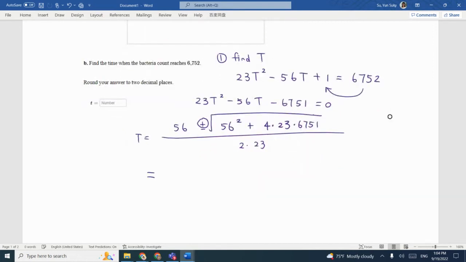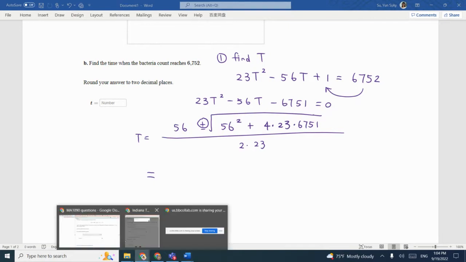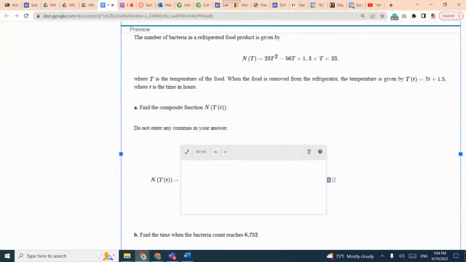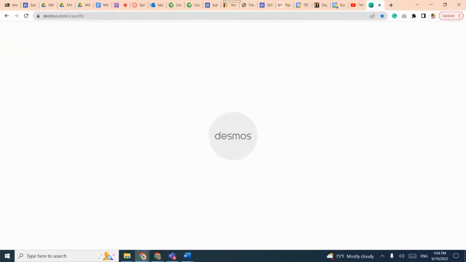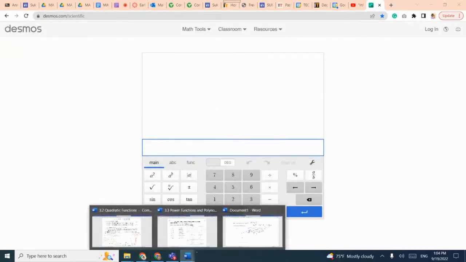Right, everybody? And for the temperature, we want to pick the positive number. So plug this into your calculator. Do I have a calculator here? Okay, so let me use decimals.